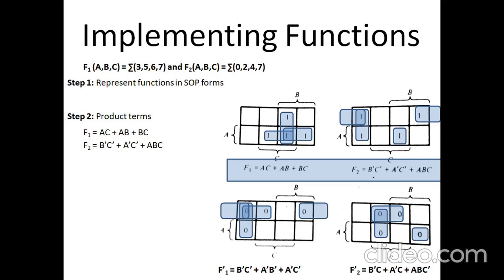Now the set of product terms would be AB, AC, A prime C prime, BC, B prime C prime, and ABC. No product term is common in both functions, so we get 6 product terms in this set. In the previous scenario, we got 5 product terms. In this scenario, we got 6 product terms, 5 and 6.